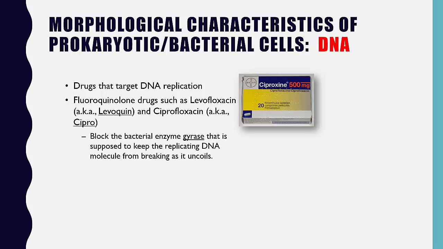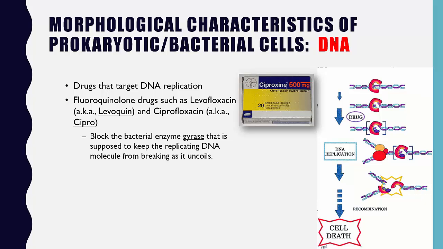And it's supposed to keep replicating DNA molecules from breaking as it uncoils. So here we have gyrase, and as the superstructure, the DNA molecule uncoils, it's supposed to sort of break and reattach it so it doesn't split. But if this enzyme gets blocked, then what happens?